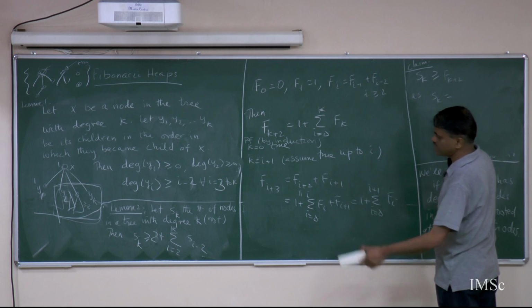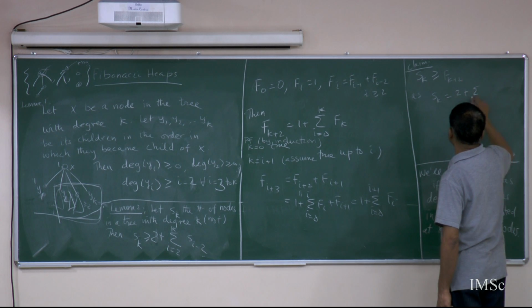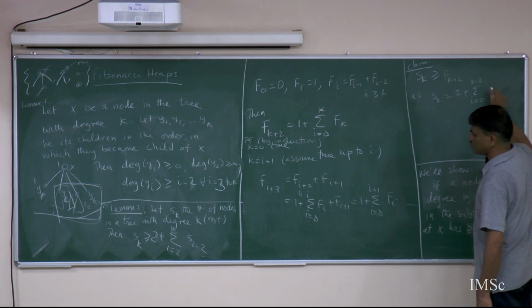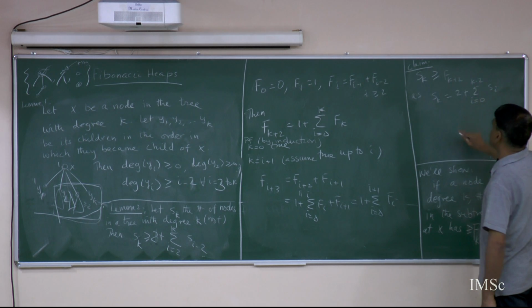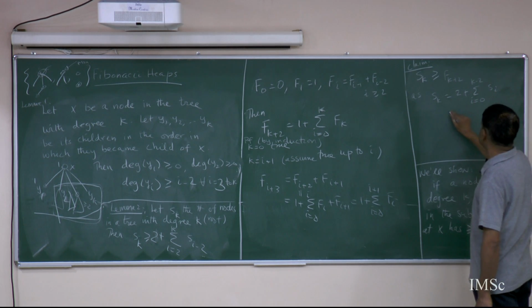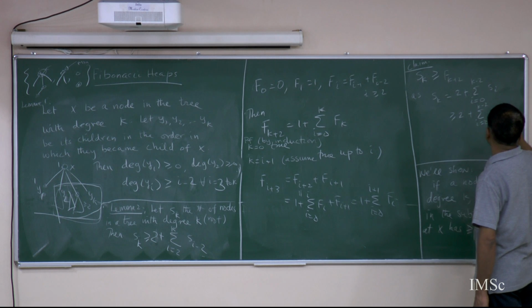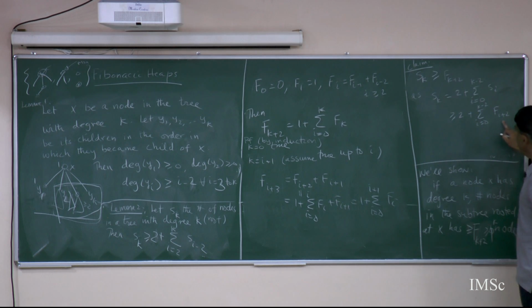Let me write this as 2 plus the summation from i equal to 0 to k minus 2 of S_i. If you assume by the induction hypothesis that S_i is greater than or equal to F_{i+2}, this is greater than or equal to 2 plus the sum, which goes from F_2 to F_k.